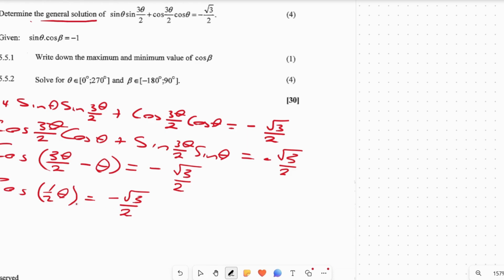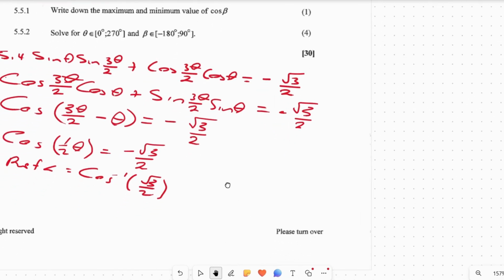Now we are looking to find the reference angle here. So the reference angle is going to be shift cos of root 3 over 2. When I'm finding the reference angle, I don't include the sign.